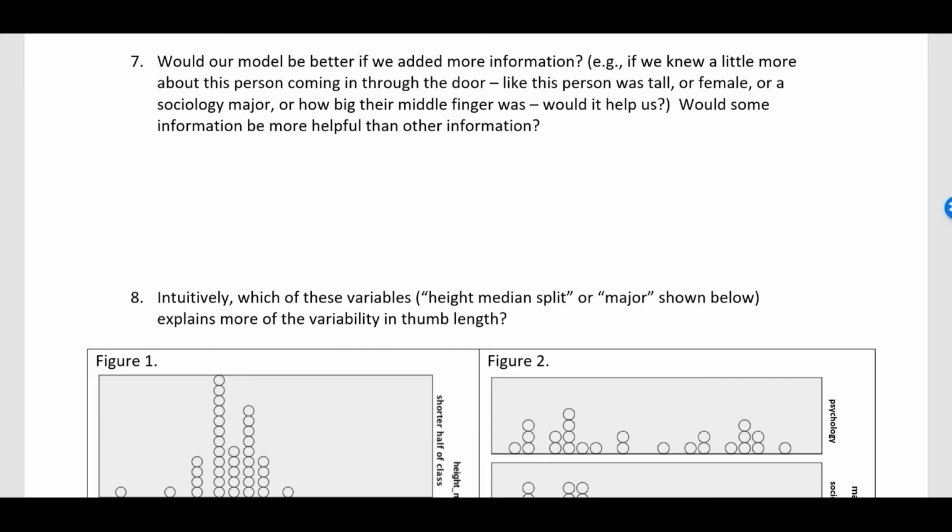Would some of that information be more helpful than other information? Is all new information equally relevant and helpful to our model, or is some going to be more helpful than others, do you think? So again, you'll want to ponder, reflect, discuss that, and then note your reflections.